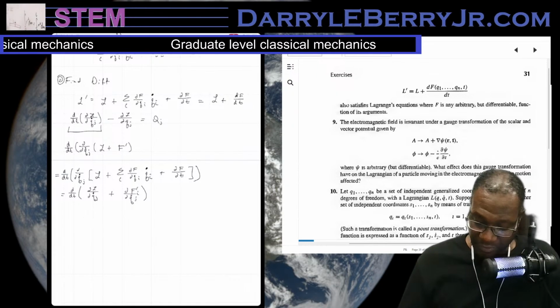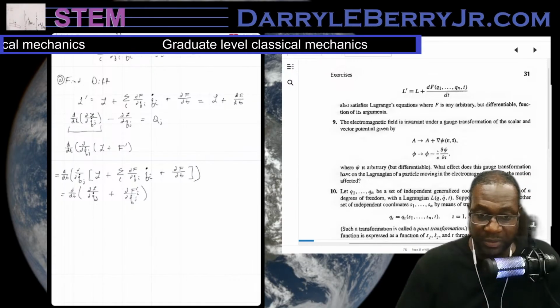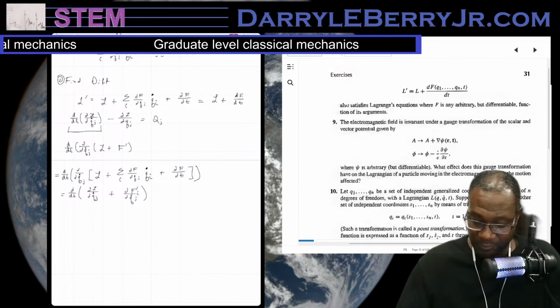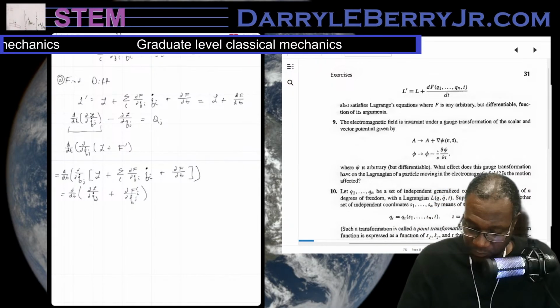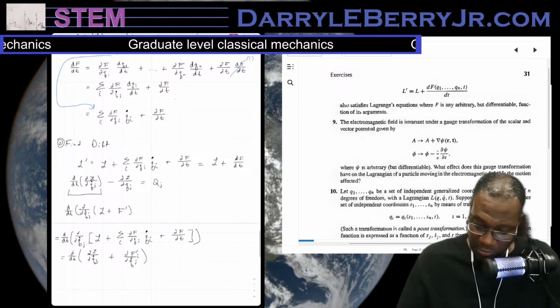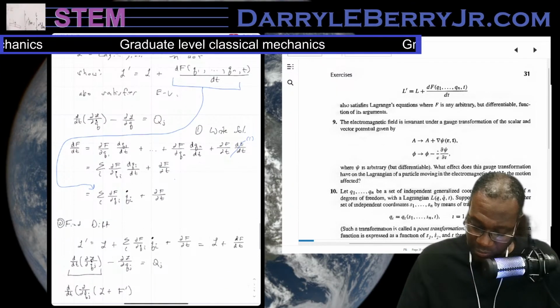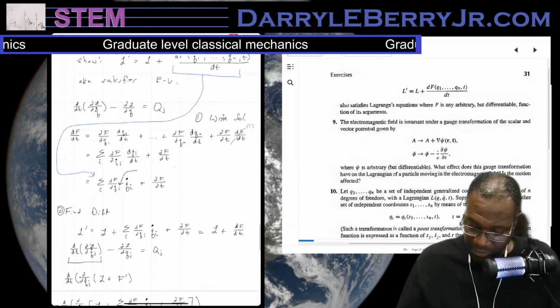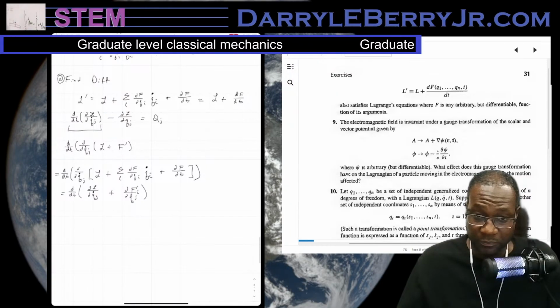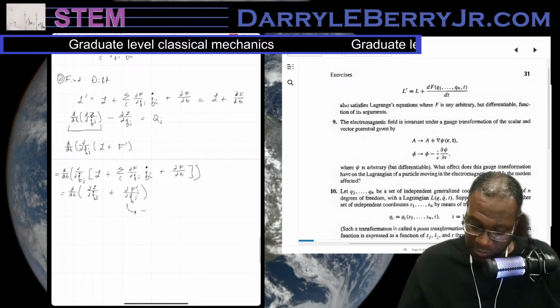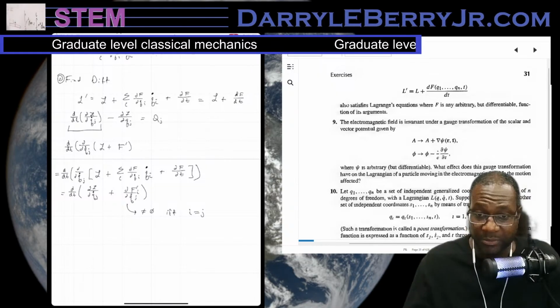The only way it'll actually have a value that's not 0 is if i equals j. If i doesn't equal j, this q here and the summation are not the same, and I can see how that will equal 0. So this is not 0 if and only if i equals j in that summation.